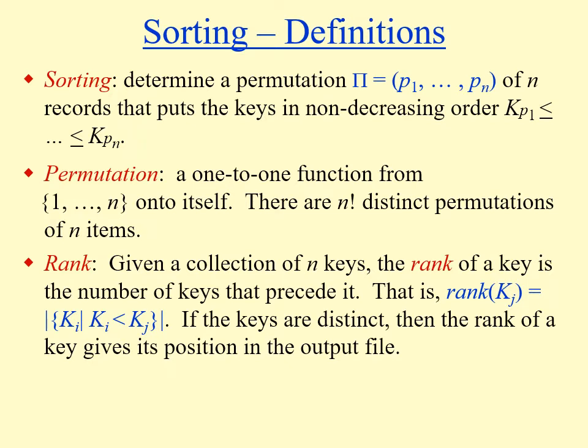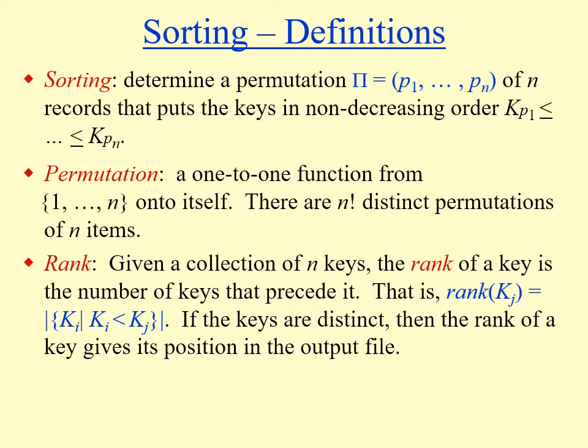We just change their order, their numbering. For example, a one-to-one function from 1 to n onto itself. That means you have n numbers. You permute their relationships, their places, their ordering. You get another ordering.